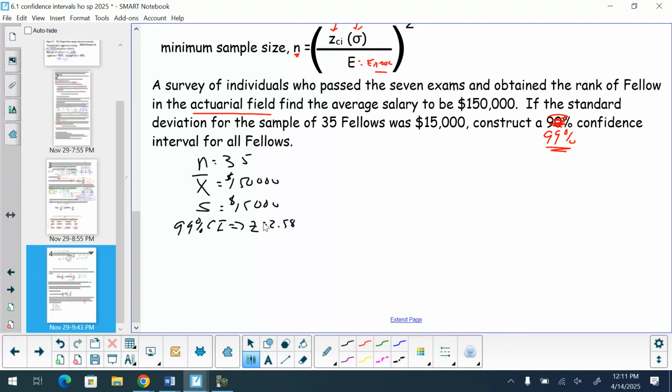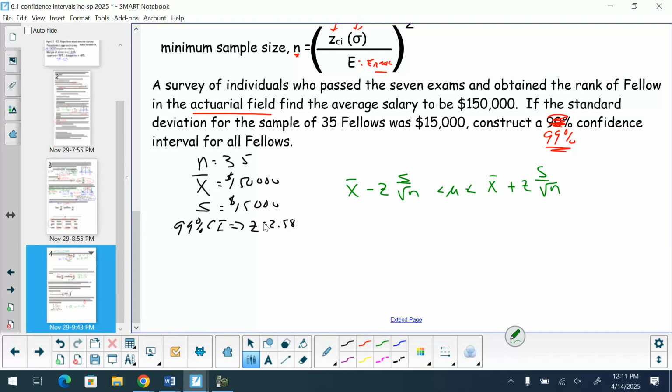So our population mean is going to be somewhere between x bar minus z times standard deviation over square root of n, and x bar plus z times standard deviation divided by square root of n.